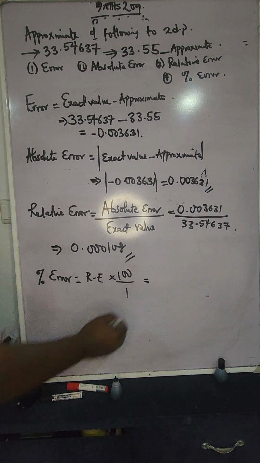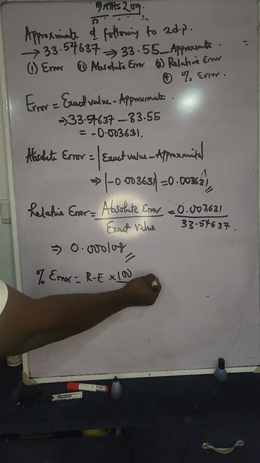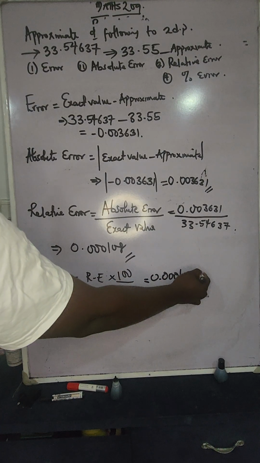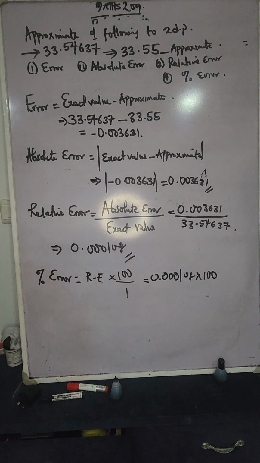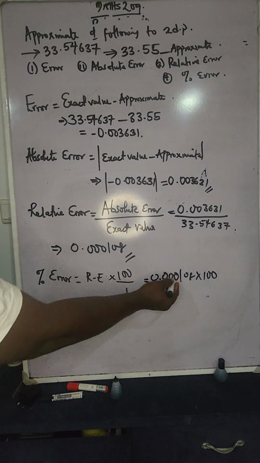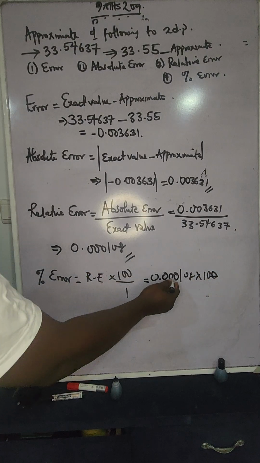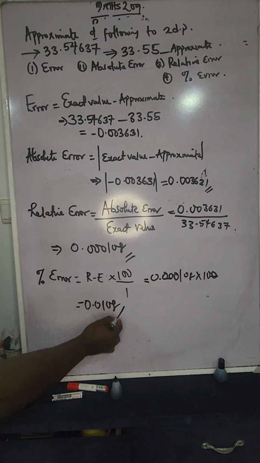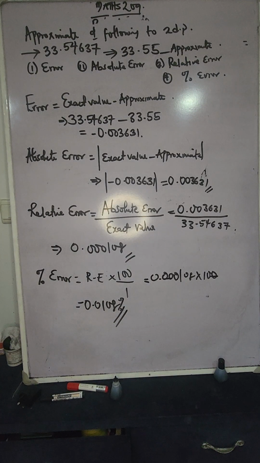So the relative error, as it is here, 0.000108 times 100. We are going to cancel two of these, so this will be 0.0108. You can put percent there, right?